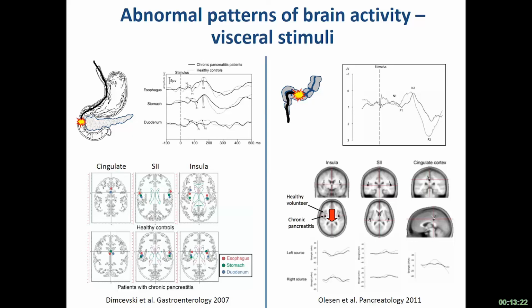And interestingly, when we tried to model where this electrical activity was generated, we could see that it was confined to the visceral pain matrix, if you like the idea of such a matrix. That's another story. But at least we could see that there was activity in the cingulate, S2, and the insula, both following upper and lower gut stimulation, and we could see that it actually changed the position and the activities in these areas, which likely reflects some sort of functional reorganization in these patients.